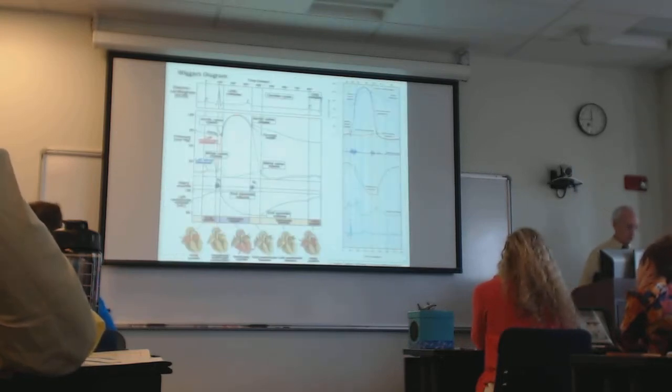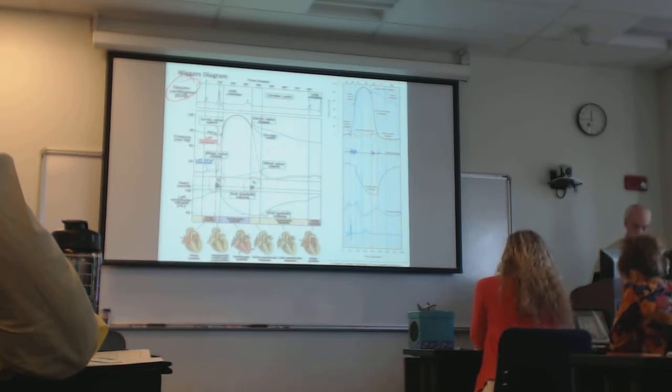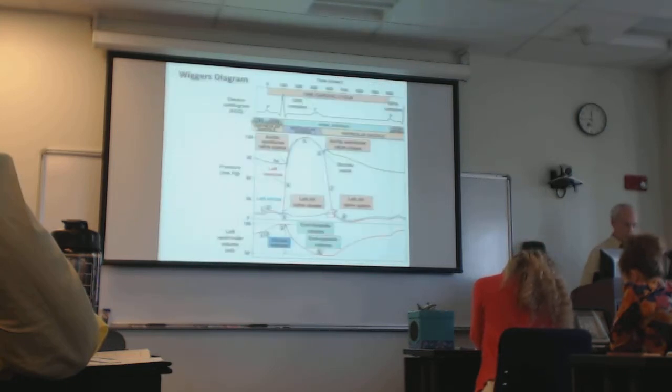All right, so this particular Wiggers diagram is a little more complicated. In addition to the relationship between the EKG and the events of the cardiac cycle, you can see the EKG up here. You'll also notice S1 and S2, which they're labeling the heart sounds. So as you look at S1 and S2, do they label them here?